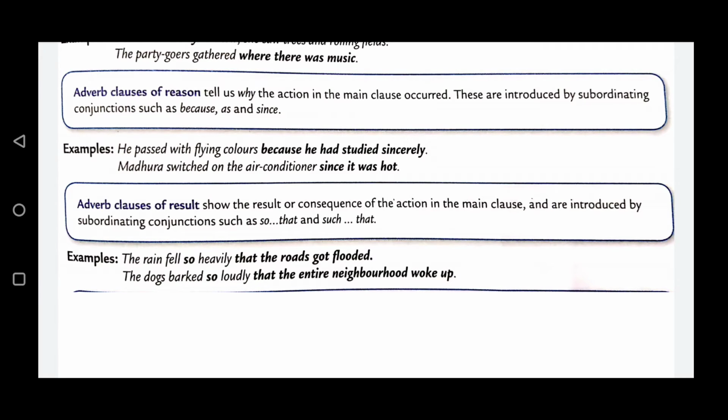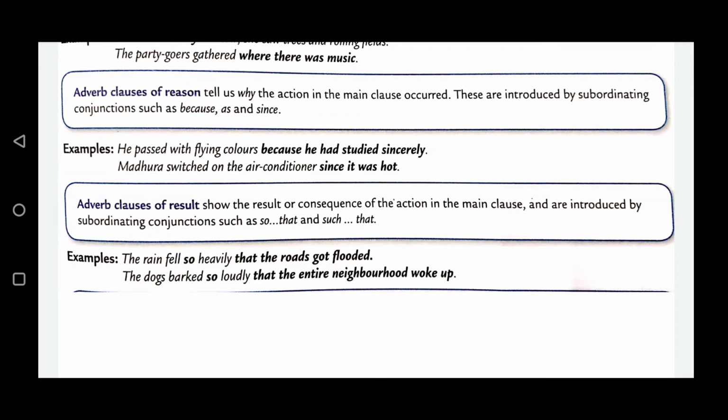They are normally introduced by subordinating conjunctions such as so that and such that. Now, the rain fell so heavily that the roads got flooded. So what was the result?